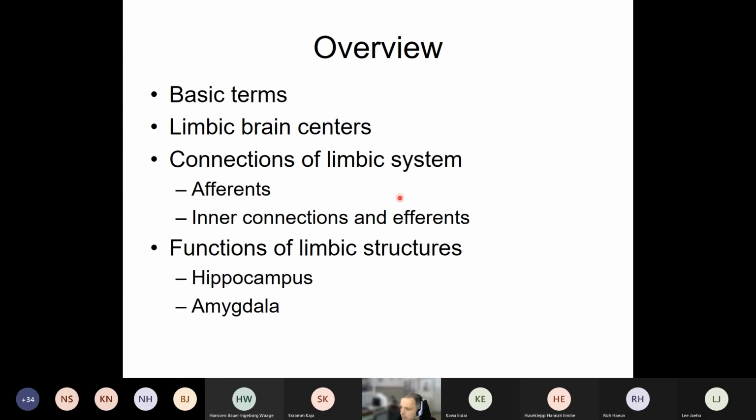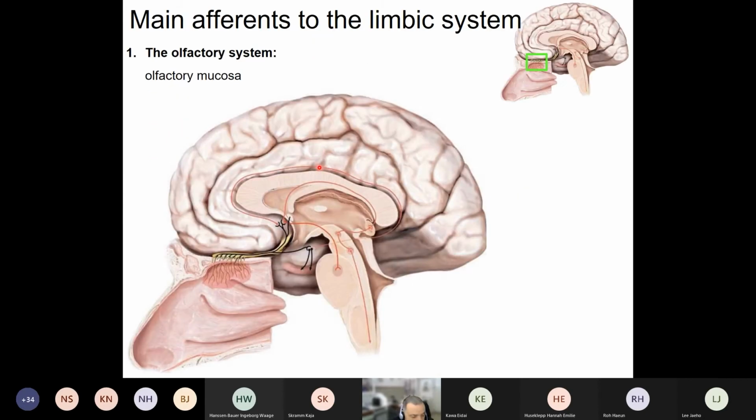So let's go on. After this short listing of the most important limbic structures, I would like to talk about some tracts. On one hand, I have to introduce something that is not really coming up in other lectures. You have a couple of lectures about sensory systems, but the olfactory system is a little bit neglected, while vision, hearing and the vestibular issues are discussed in detail.